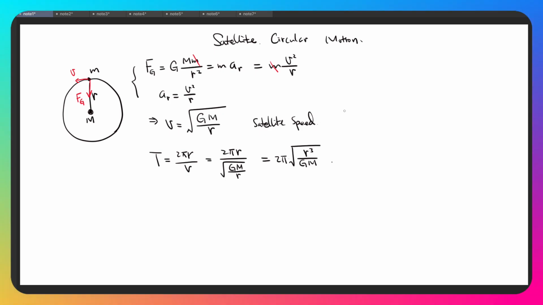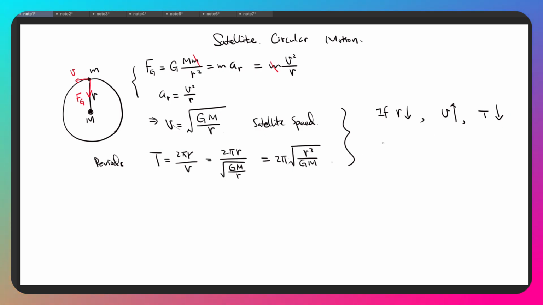So now one thing we can discuss is, since both quantities are related to the distance r, what happens if r decreases? If r decreases, then we can see the speed v goes up, and the period goes down.